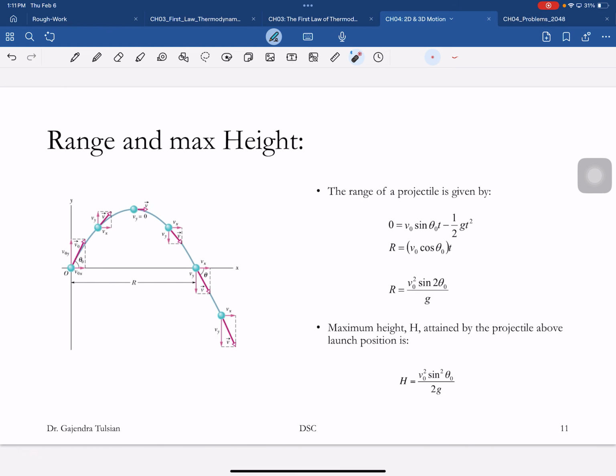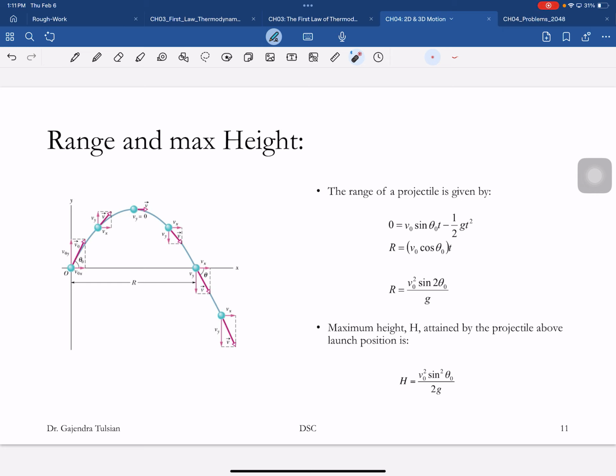There are a couple of things we'll be interested in. We want the range of the projectile, because we want to be able to hit ships from far off with cannons. The range is the horizontal distance the projectile travels when it comes back to the same height.